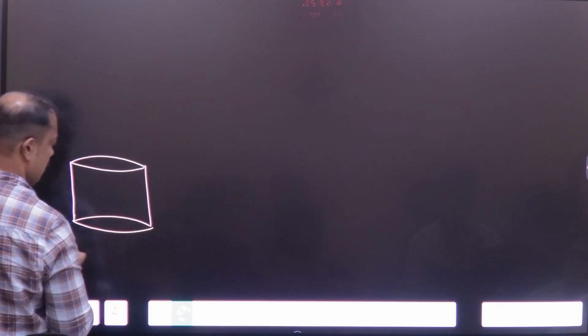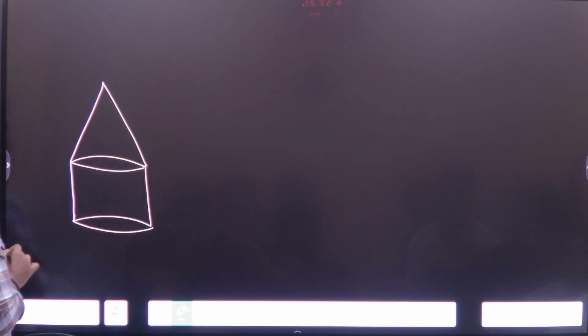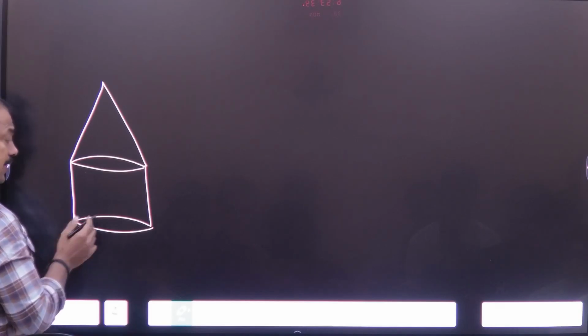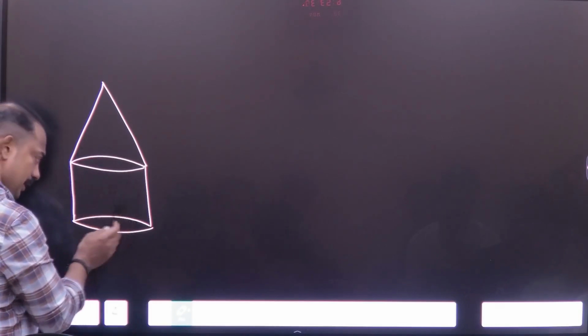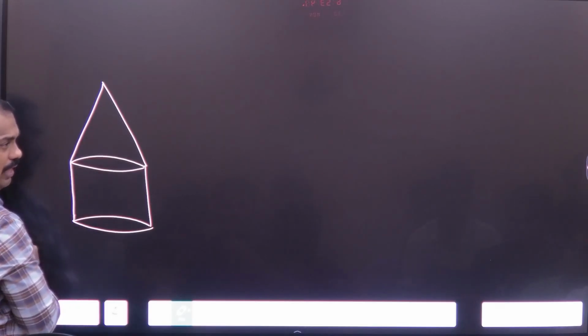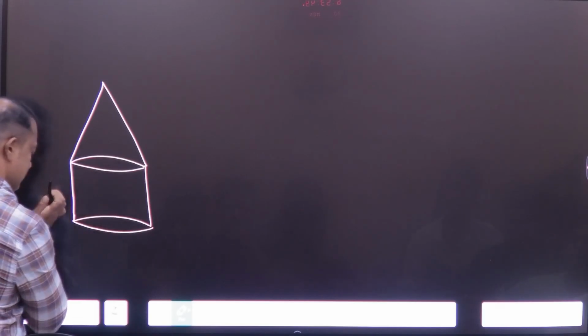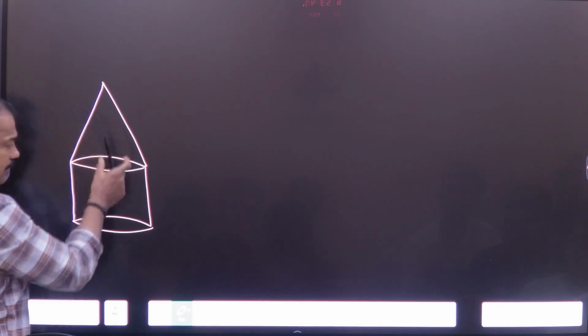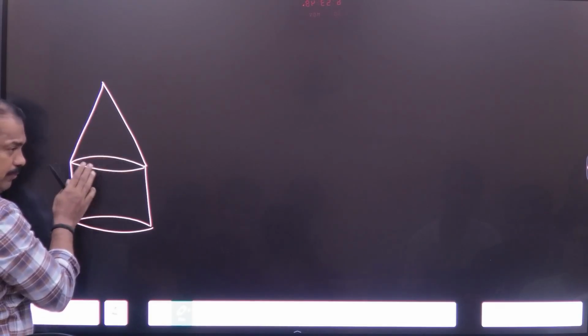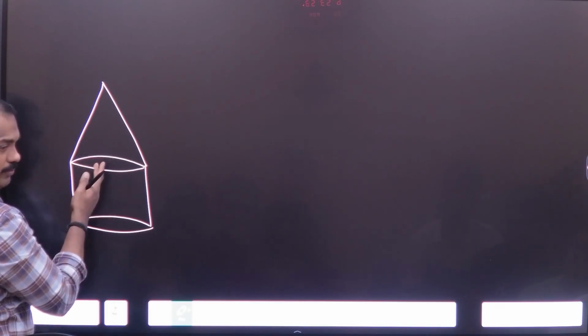What is this? Cylinder. ऊपर क्या है? What is the total surface area of this figure? CSA of cylinder plus CSA of the. अगर मैं पूछे suppose solid है, this is a solid है, ये wooden है, it is made up of wood.